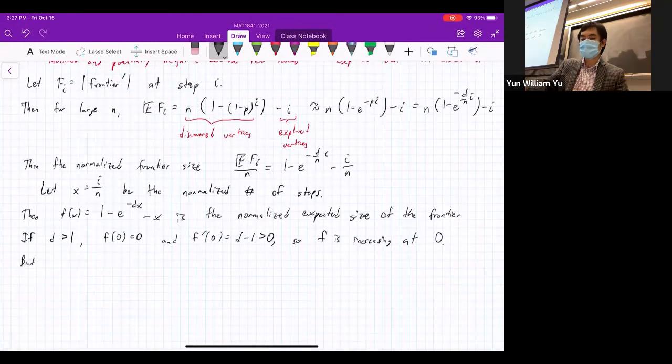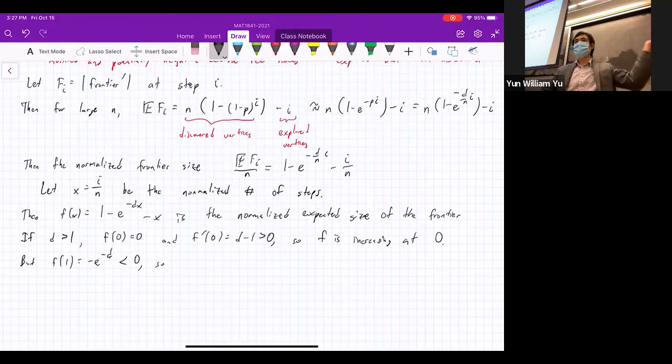But we also know that f of 1 is equal to minus e to the minus d, which is less than 0. So that means that, well, it's 0 in one place and going up, and negative at the very end when you've finished your entire exploration process, which sort of makes sense, right? Because at the end of your process, you're decreasing your frontier size as you finish exploring your graph.